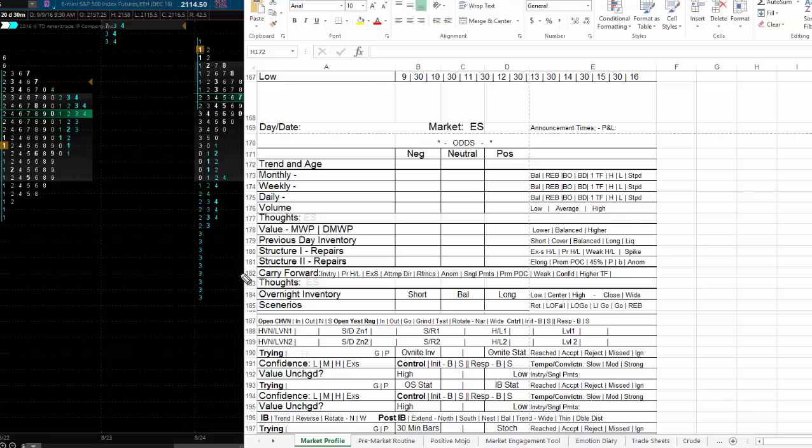So next here, we're looking at the carry forward idea, and this is where I'll circle, okay, maybe inventory is getting too short, and so what would that do to the market? Then I would expect it to go higher.